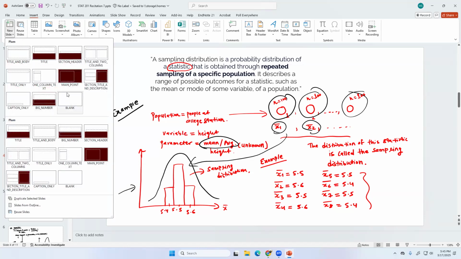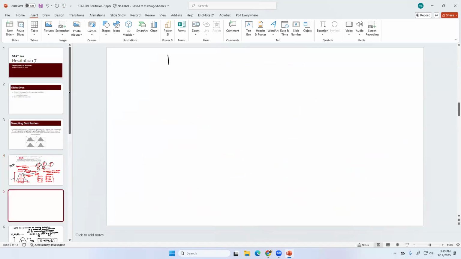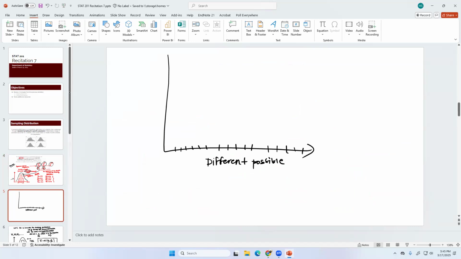So let me do it again. So these are all the different possible values. And this is sort of the probability density, the probabilities you can think of.